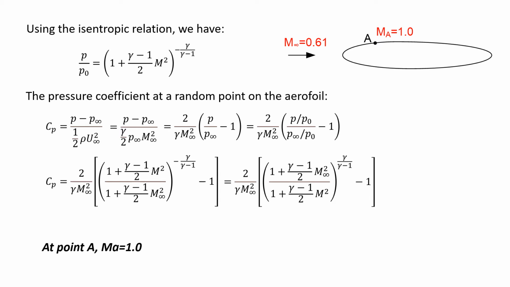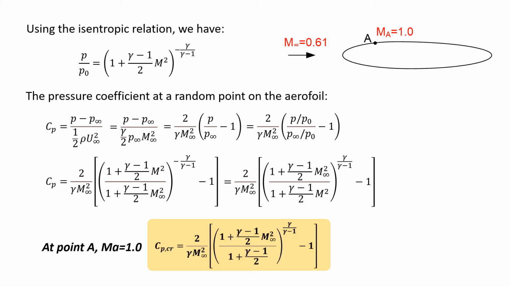So if we replace M square in the denominator by 1, then when point A reaches sonic, the pressure coefficient has this highlighted relation. This is a very important relation, and at this free stream Mach number, it is the critical Mach number.